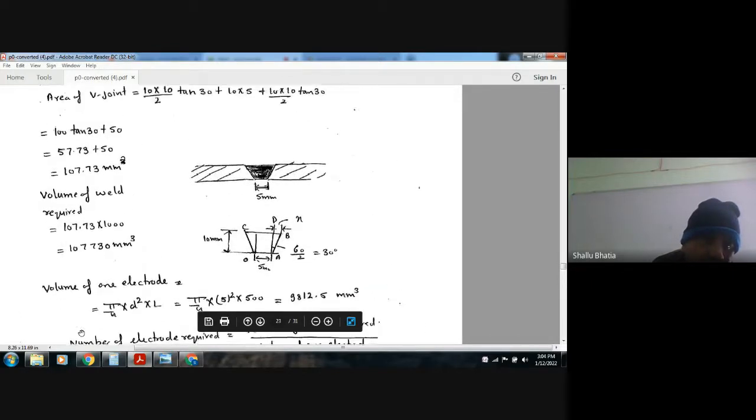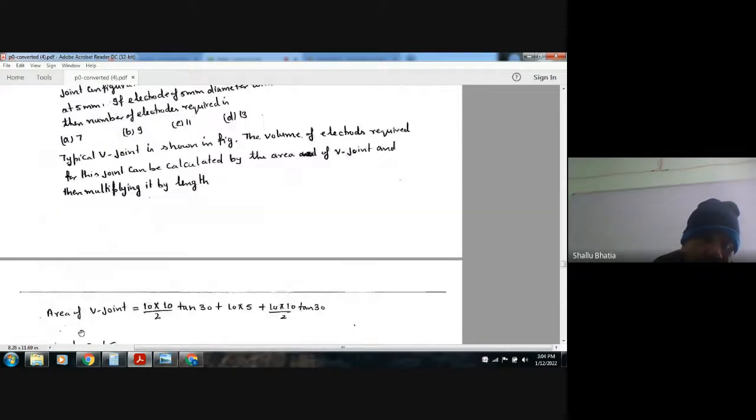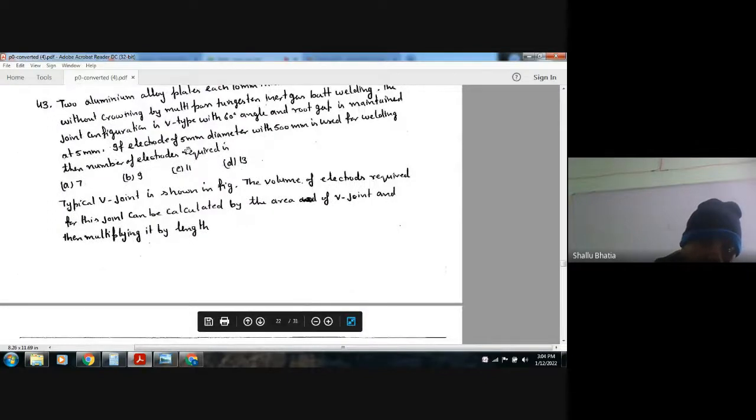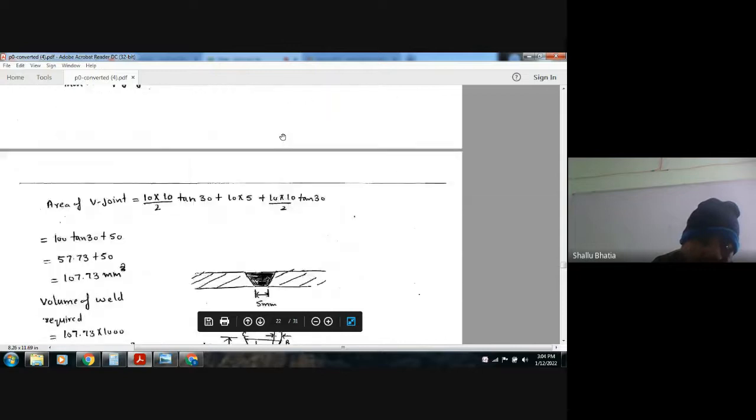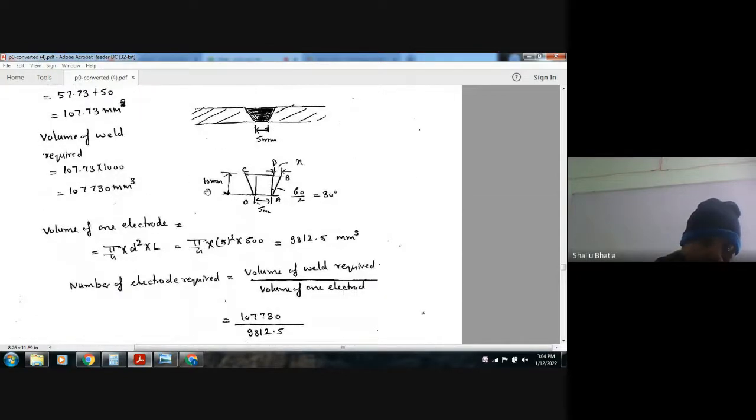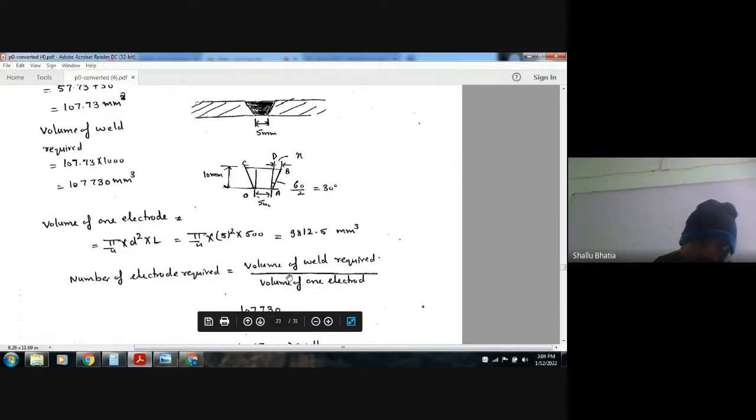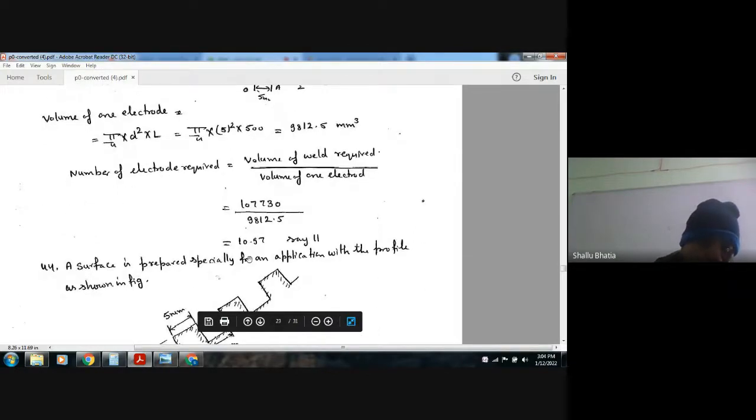But how much volume does one electrode provide? Pi by 4 d square into l. One electrode provides 9812.5. So the total volume of weld required is this, and one electrode provides this. So the number of electrodes required is 10.97, so about 11.